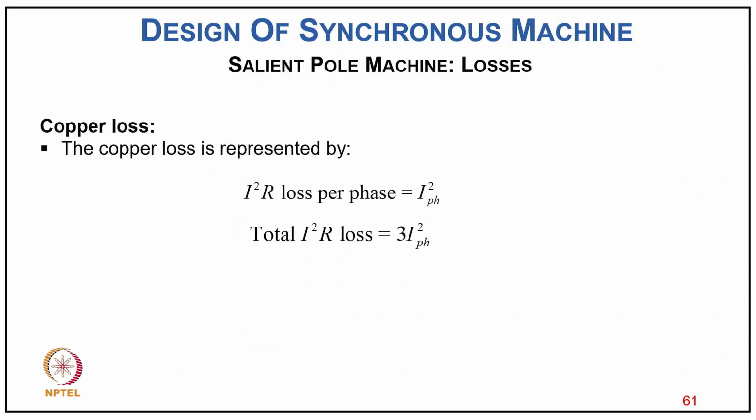Now coming to copper losses, the copper losses represent I square R loss per phase, that is I_ph square R_ph, and the total I square R loss will be 3 I_ph square R_ph.